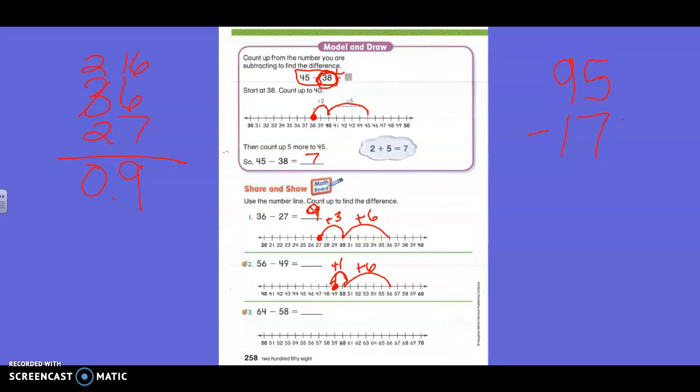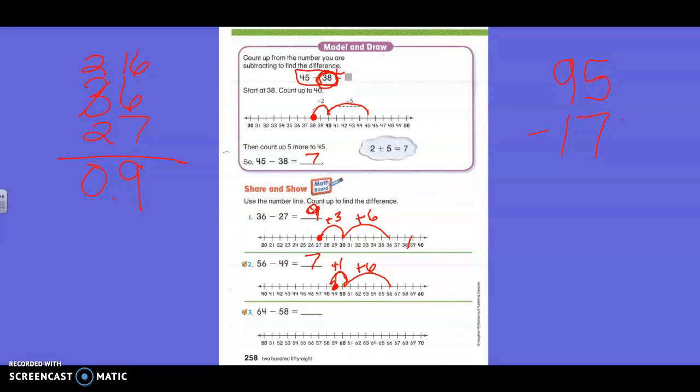What's this jump? 1, and what's this jump? 6. What's 1 plus 6, guys? 7. Do we need to check that one too? No. Do you see how that is? All you gotta do is count up or add to find your answer instead. And like I said, you can only do that if the numbers are close. They're showing you ones that are close. They're not gonna give you ones that are not close to make you jump for no reason.